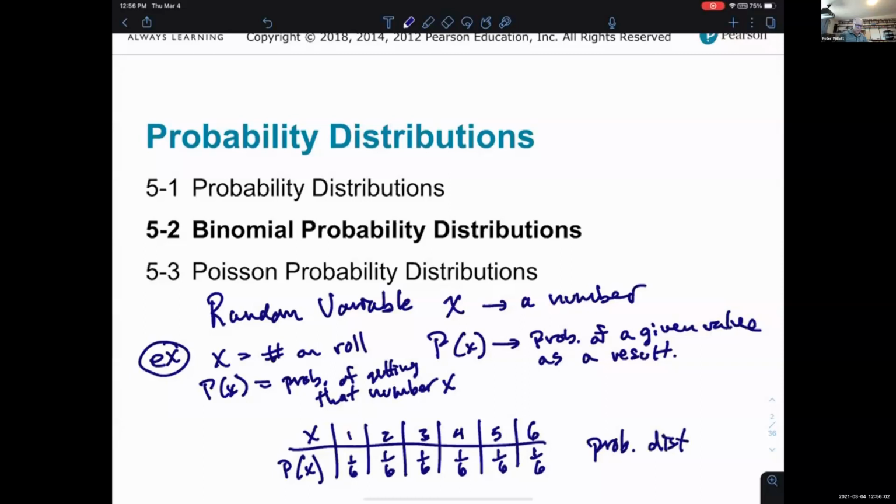This is what a probability distribution looks like. It's a list of possible numerical results to some sort of a procedure, like rolling a die. And for each of those possible results, there's a given probability, a likelihood that you, by random chance, happen to get that particular result. That's the idea and an example of a probability distribution.